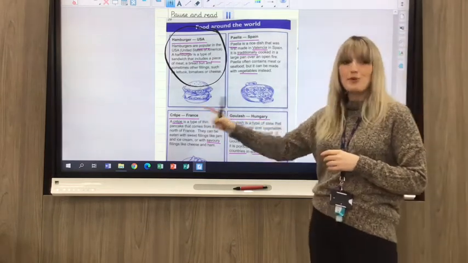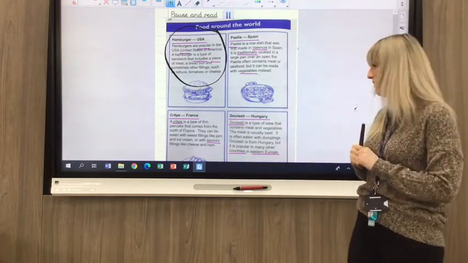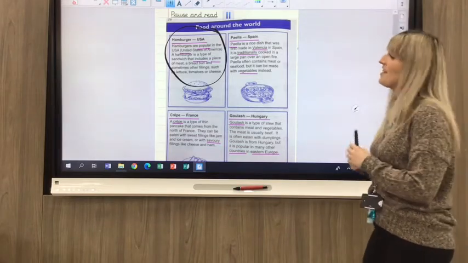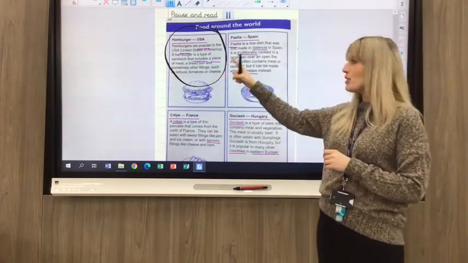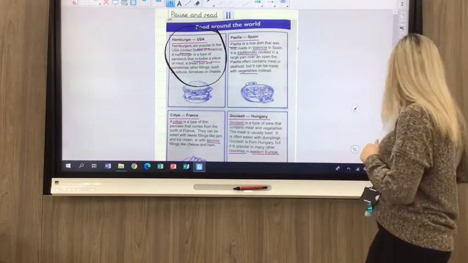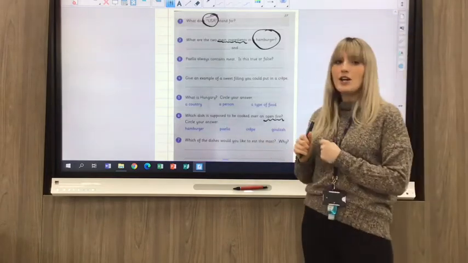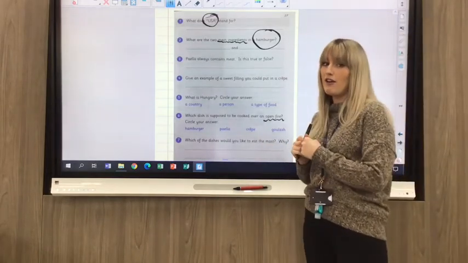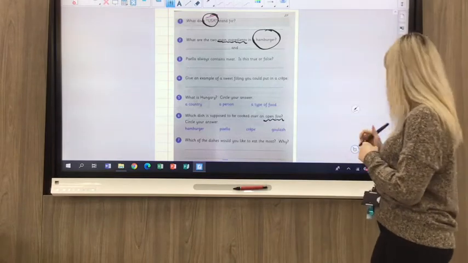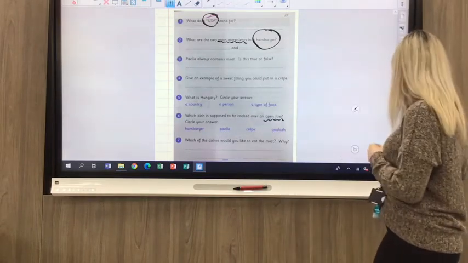So crepe would be my choice, and I would choose to have Nutella and strawberries on my crepe or pancake. So you've got to choose which one you'd like to try, and tell me why. So what's the reason? My reason is because I've got a sweet tooth and I prefer things that are sweet. So those are your questions for today.